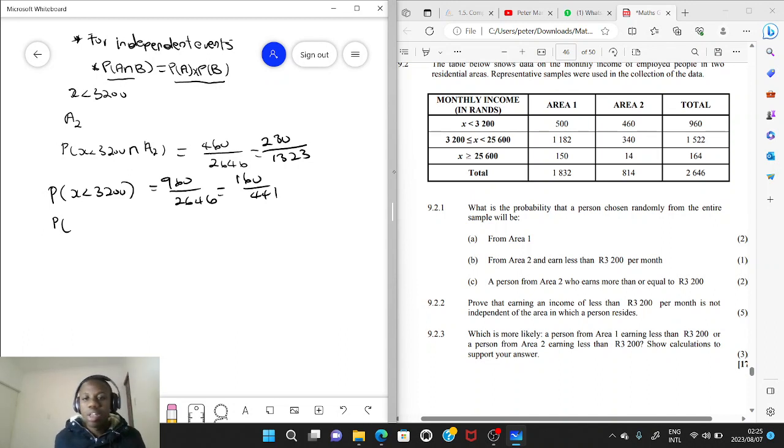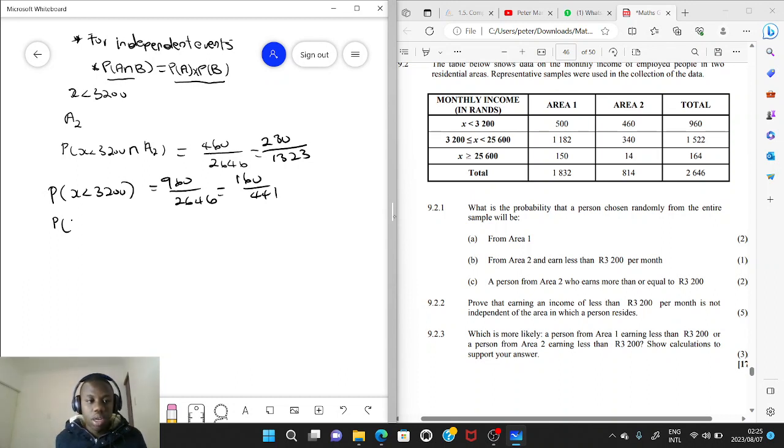I consider all people who reside in area 2, irrespective of whether they enter pen 2 or not. I don't really care. Now I want all people that reside in area 2. So I'm going to consider the total number of the people who reside in area 2, which is 814.